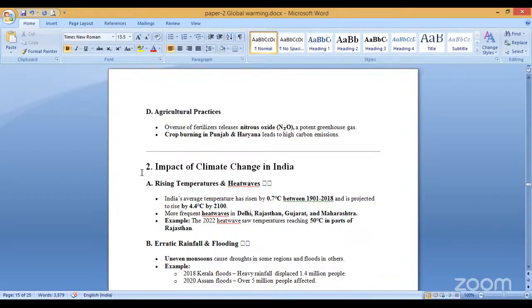Finally, they concluded that the cause was the fertilizers, chemicals, and agricultural crop burning in those fields.